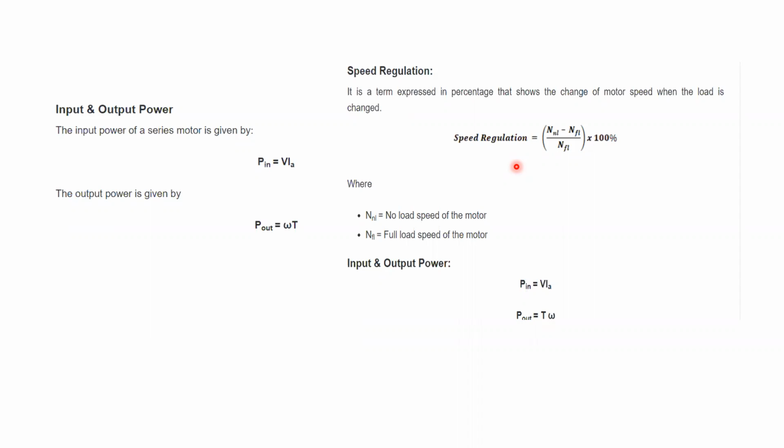Speed regulation is nothing but the ratio of the difference between the no load speed and the full load speed to the full load speed, that is, NL minus NFL upon NFL. Okay, the ratio between this speed difference and the full load speed is called the speed regulation. Is it right? So please remember these formulas.